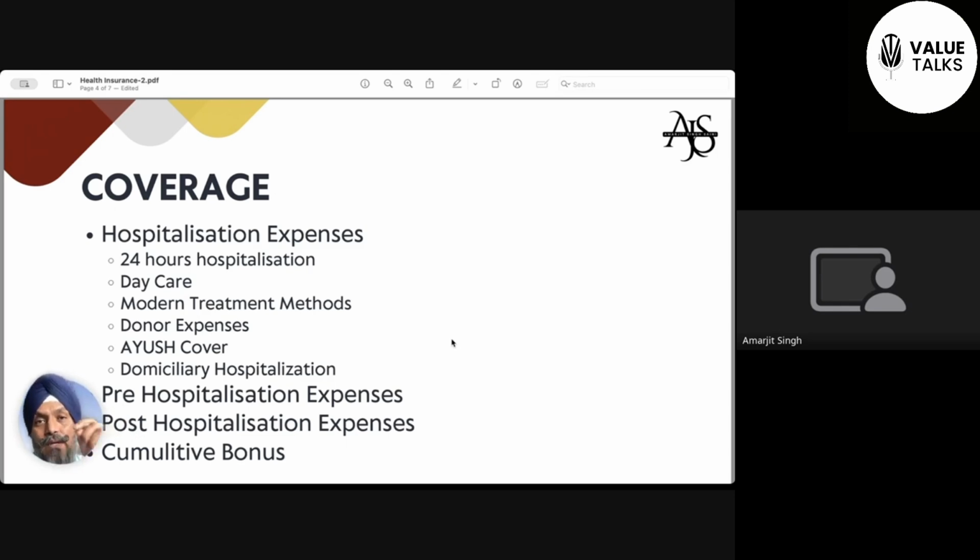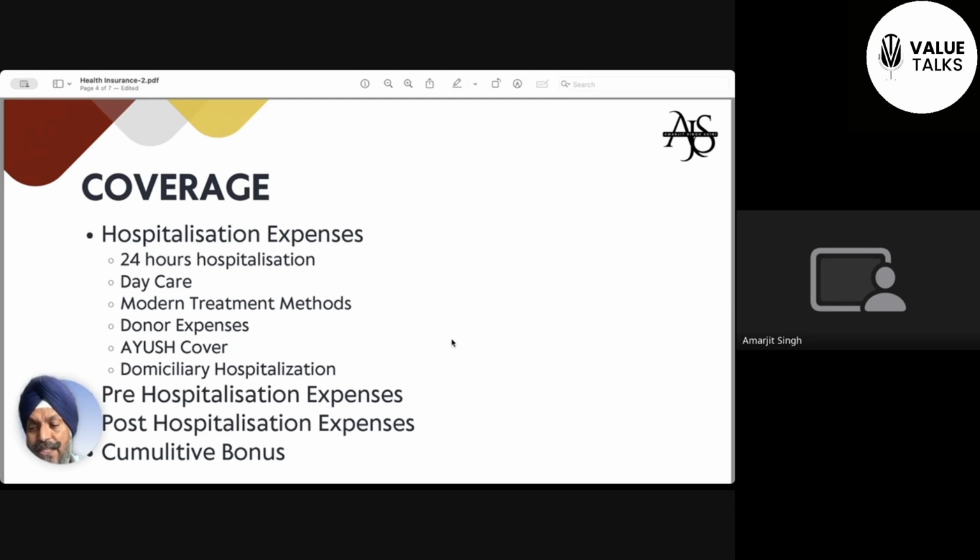When you decide to buy this policy, just check whether this policy is covering donor expenses or not. Similarly, Ayush cover is also there, and domiciliary hospitalization is also there.